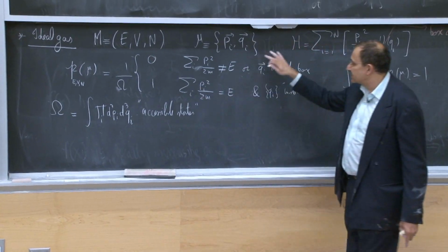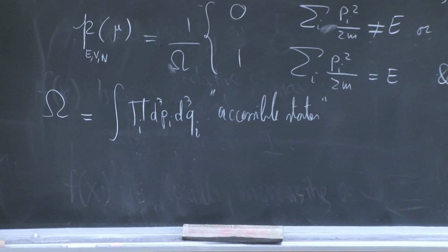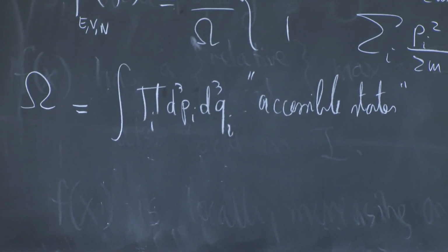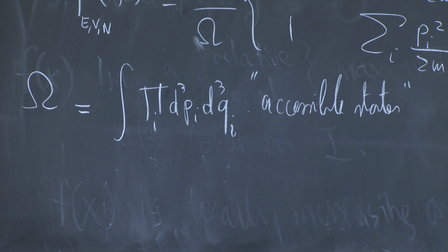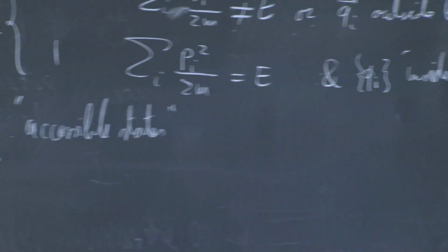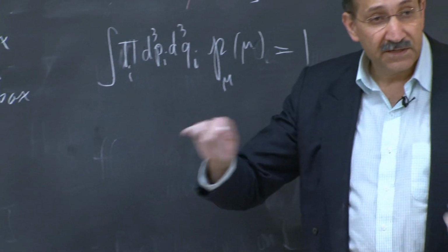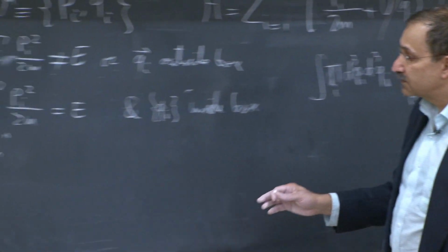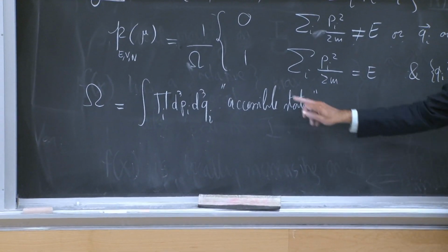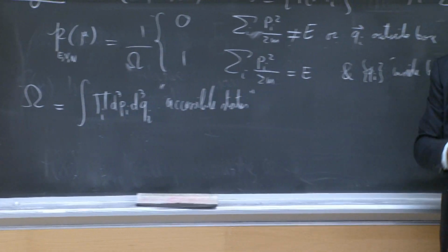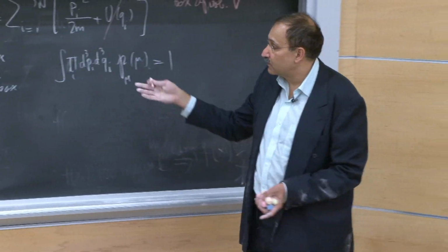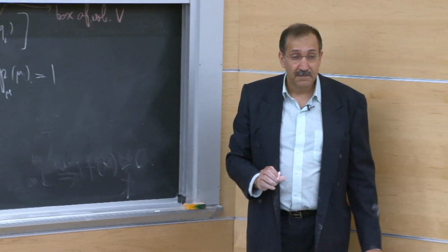This is kind of like a delta function. There are huge portions of phase space that have 0 probability, and then there is a surface that has a probability that is 1 over omega, and it is the area of that surface that I have to ensure is appearing here, so that when I integrate 1 over that area over that area, I will get 1.